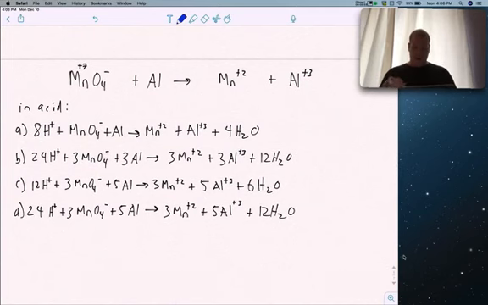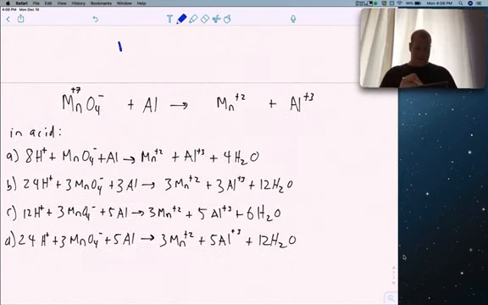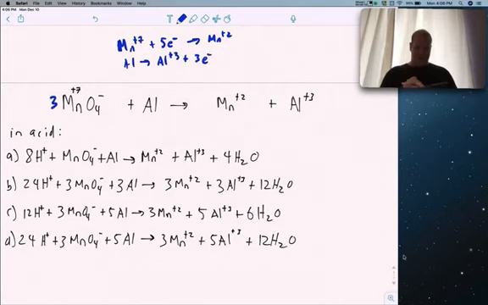So our half reactions are still just manganese plus 7 plus 5 electrons goes to manganese plus 2, and then aluminum goes to aluminum plus 3 electrons. So 3 and 5 are both prime numbers, so we have to use them both.